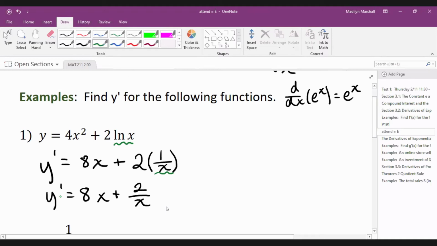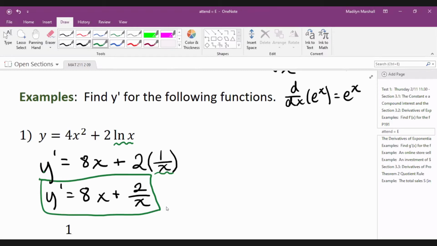Okay, and you want us to write it like the second one? Yes. Okay. So we're just using this rule: if we see ln x and we're doing a derivative, that automatically changes to 1 over x.